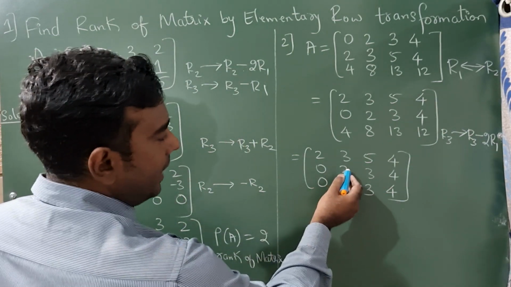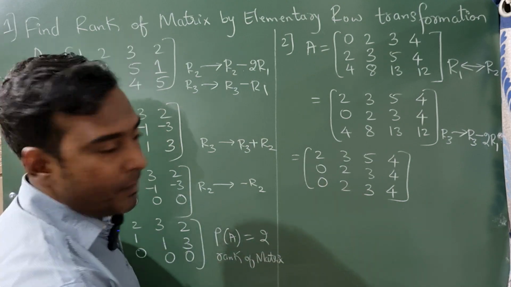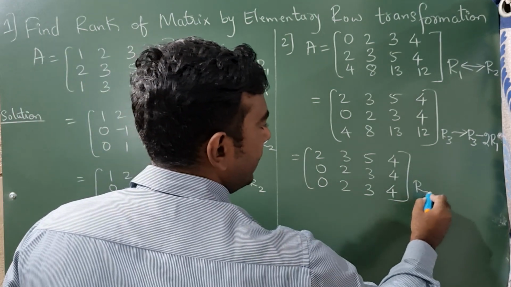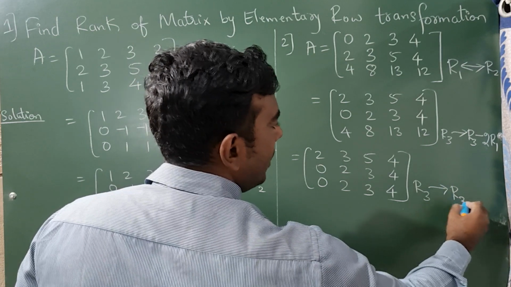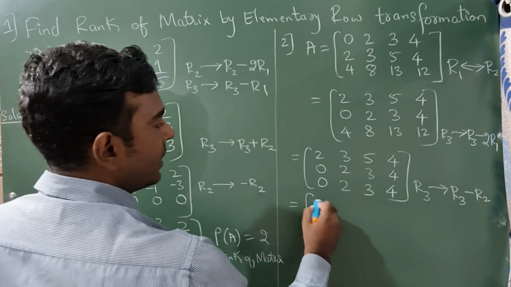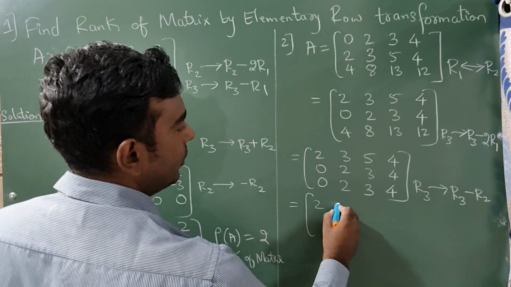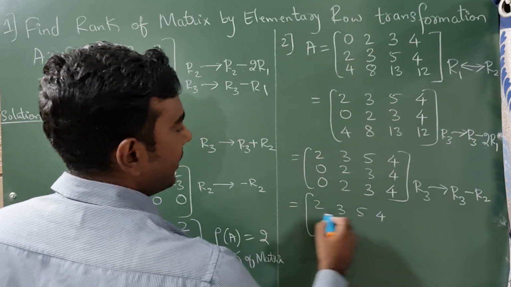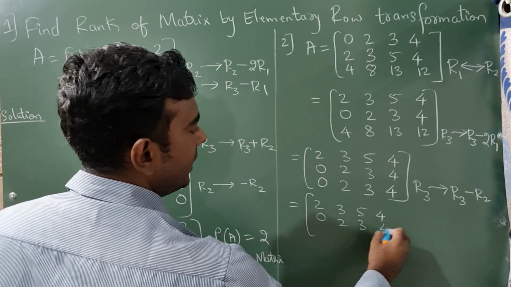Fine. You can see R2 and R3 are both the same. So what I am going to do is R3 tends to R3 minus R2. First row as it is, no change. Second row as it is, no change.